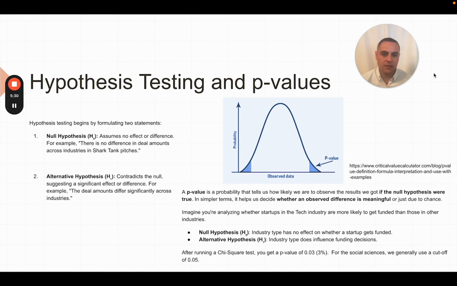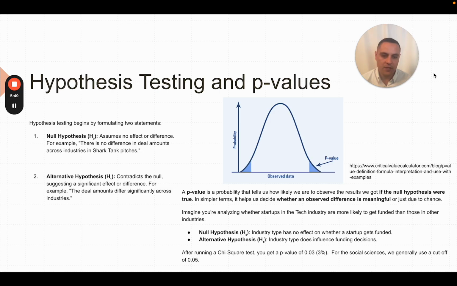Another way of saying this, it helps us decide whether an observed difference is meaningful or just due to chance. So the smaller that probability value is, the more confident we can be that we're not making a mistake by, for example, rejecting that null hypothesis.